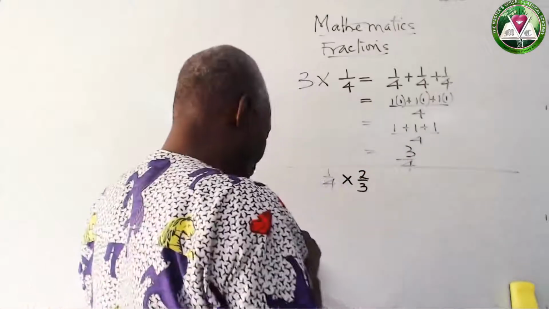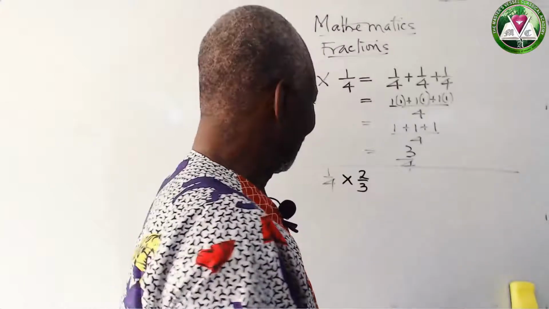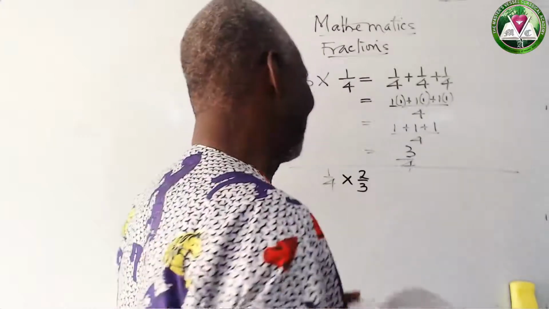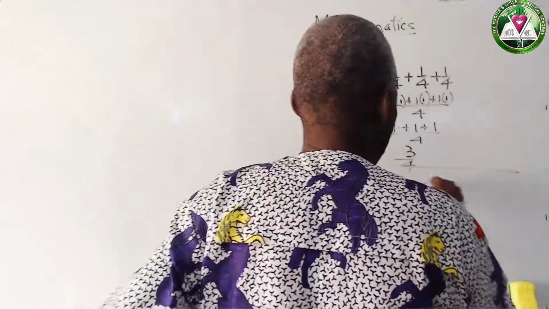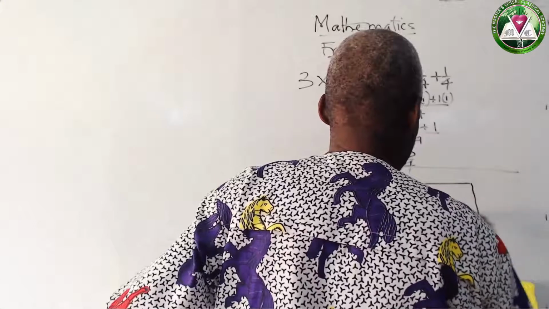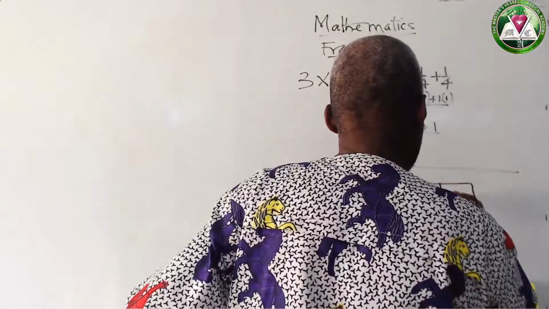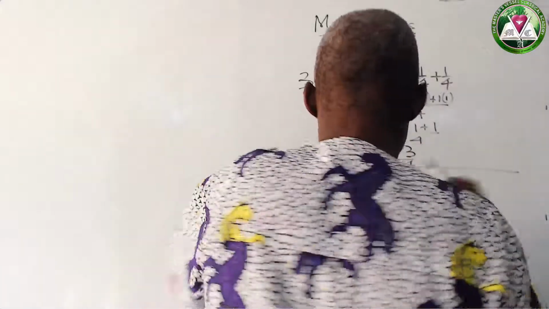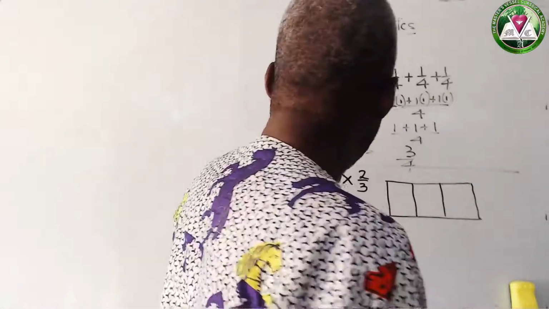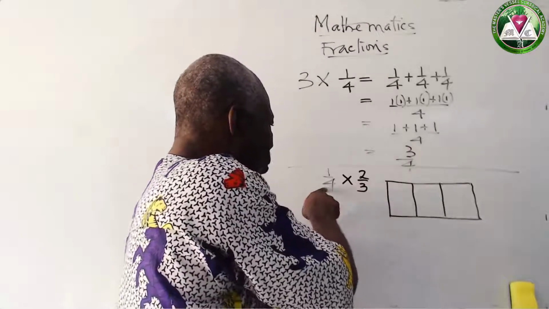Let's see whether that will happen. We want to look at this diagrammatically. Let's put a diagram up and see whether that could help. I have a diagram like that, a rectangle, and I'm dividing this rectangle into 3 portions. Because what I have on the board here now, 1 over 4 times this means 1/4 of.